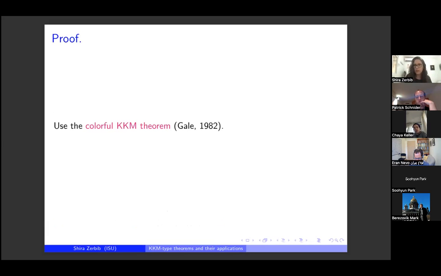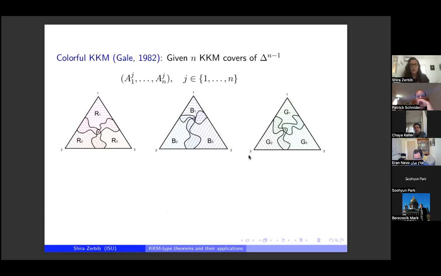So let me tell you what the colorful KKM theorem is. So now we still have the n-1 dimensional simplex, but instead of having 1 KKM cover of it, we have n KKM covers of it. So in this picture here, we have the two-dimensional simplex and 3 covers of it, the red one, the blue one, and the green one.